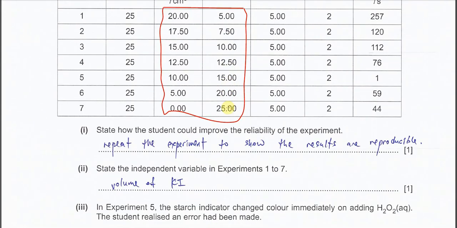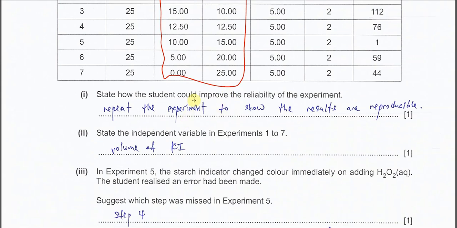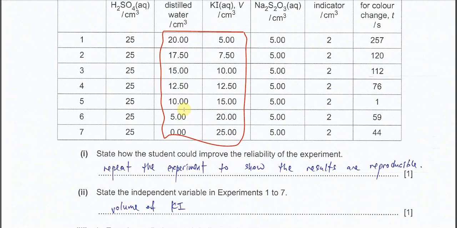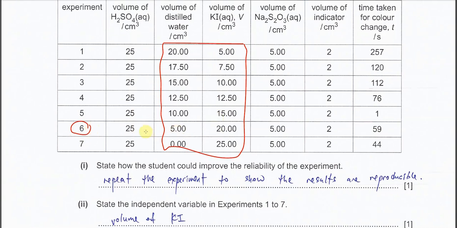For part 1, how could the student improve the reliability of the experiment? Okay, very easy. Let's say the student wants to check whether experiment 6 is accurate or reliable. The student may use the same amount of the reactants, the same volumes, and do it again.